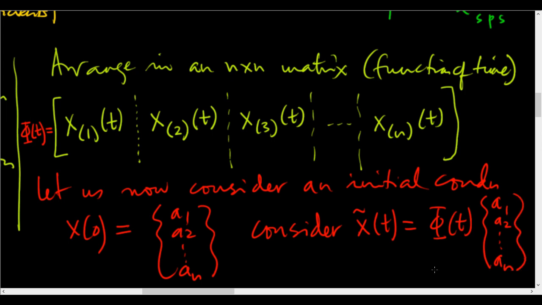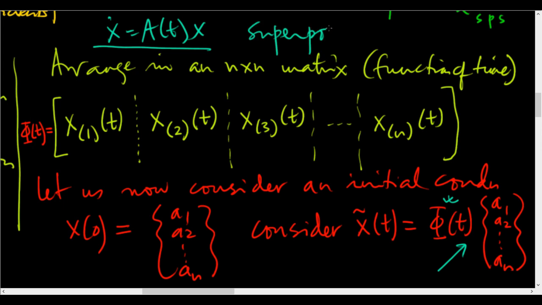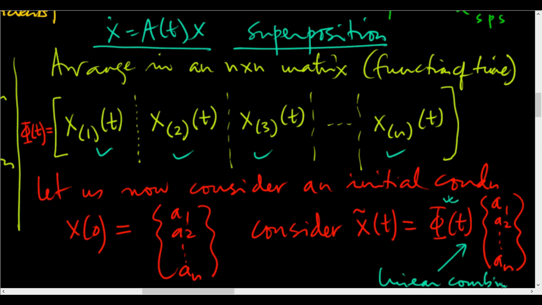Now this thing by definition is a linear combination of the columns of phi, and because this is a linear system, x dot is equal to a of t times x, it has superposition. So since each column is a solution of the differential equation and this is just a linear combination, therefore this is also a solution.